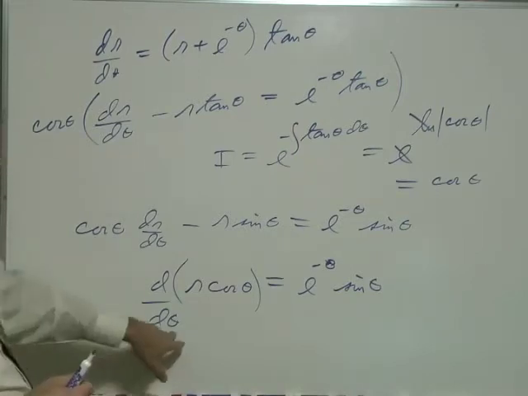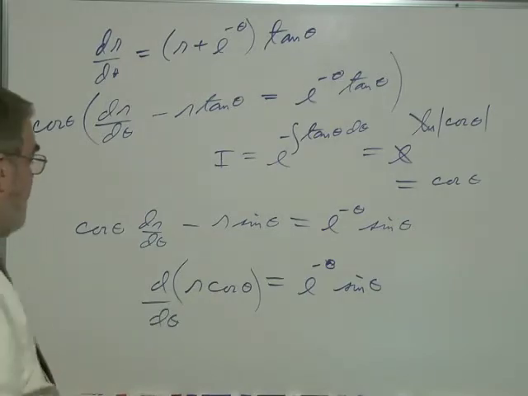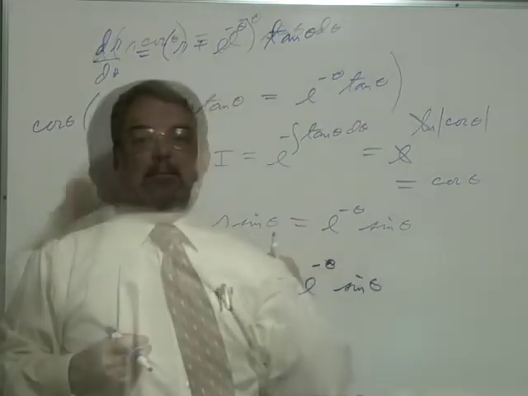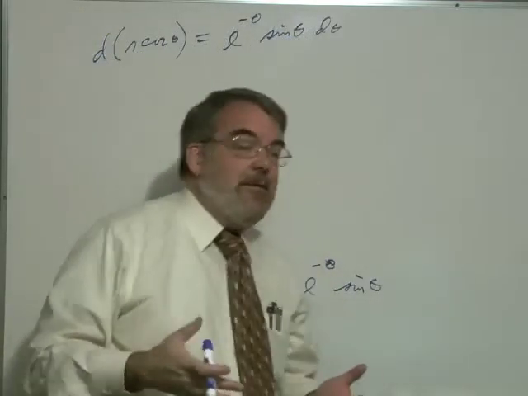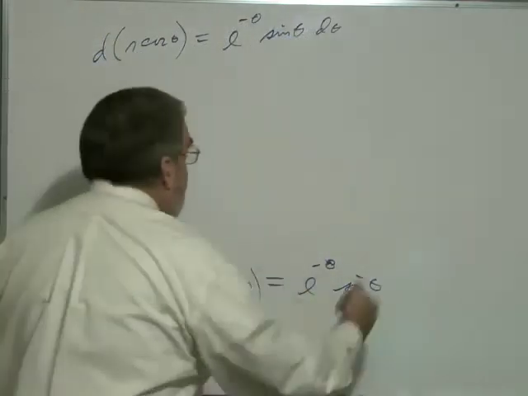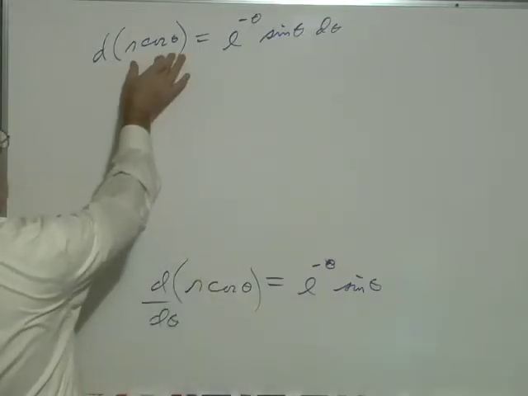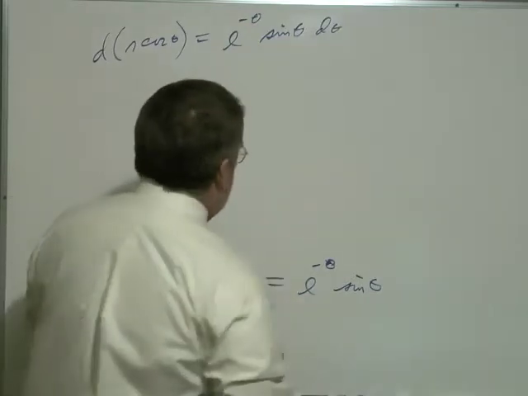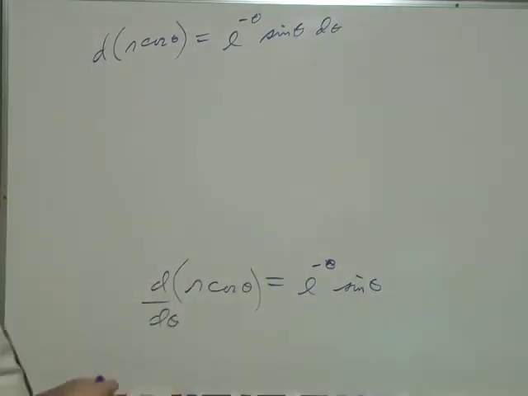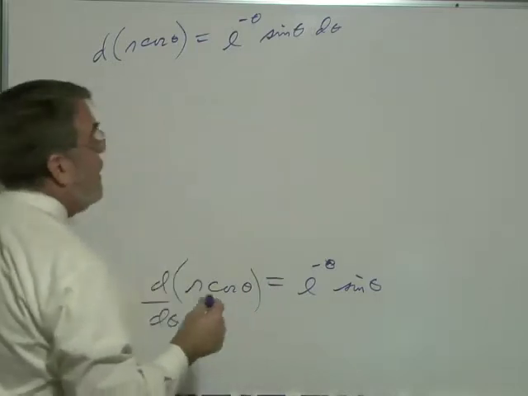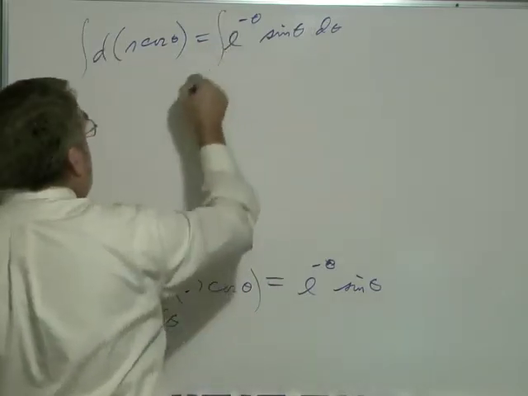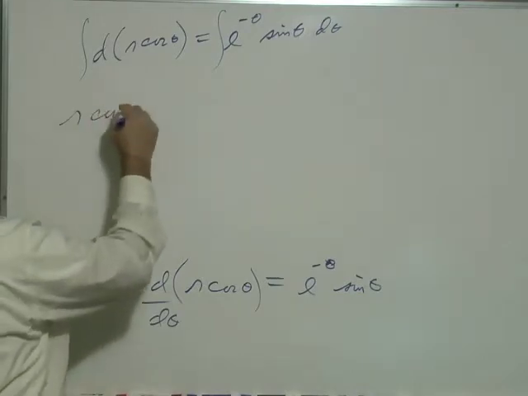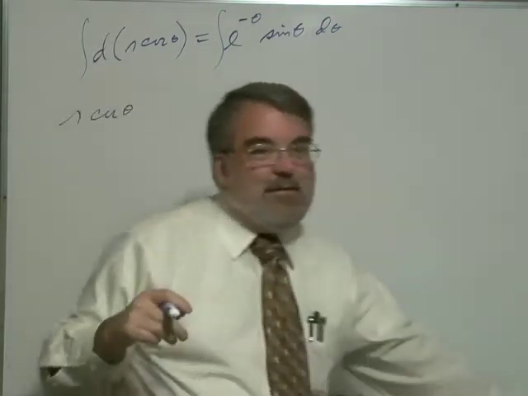But if I separate my differentials, I've separated the differentials by multiplying through by d theta. So we have the differential of this quantity equals e to the negative theta sine theta d theta. And at this point, the variables are separated. I can integrate. And the left side is simply r cosine theta. So let me write my cosine a little better.